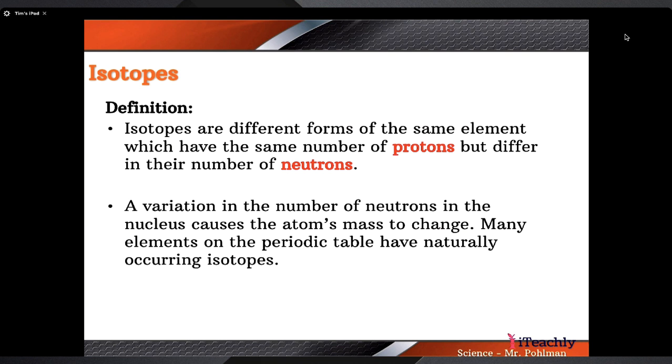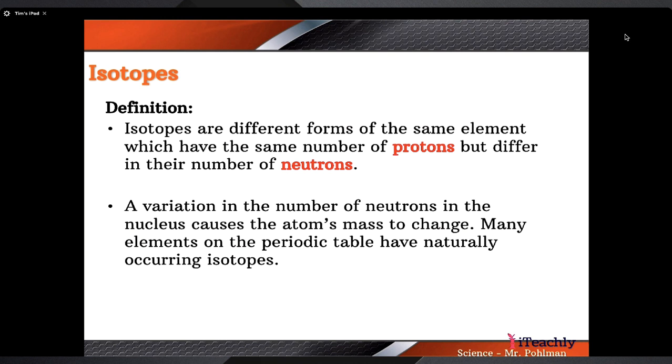They might even act the same. But if we were to put them on a bathroom scale, they may not be the exact same weight. So we can think of isotopes as those twins or triplets that look and act exactly the same, but they don't weigh the same thing.